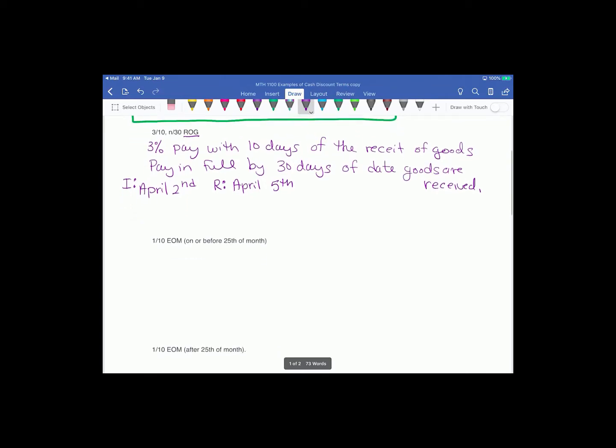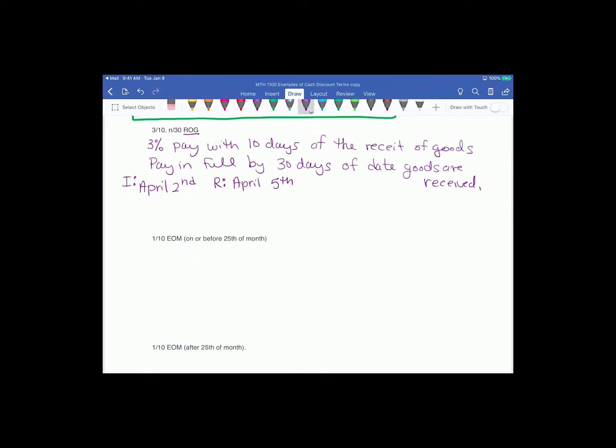But because these terms say ROG, that means when we make our timeline for our discount and credit period, the starting point is going to be the day that we received the goods. So it's going to start on April 5th, not on April 2nd.